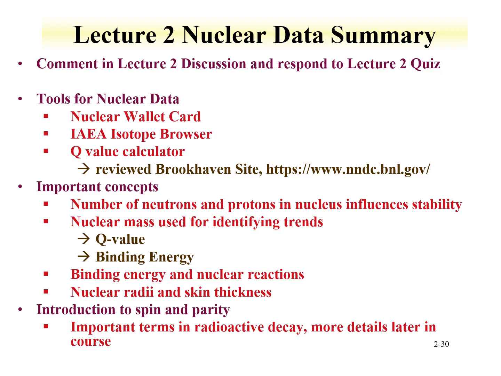Some important concepts that were covered in this lecture include that the number of neutrons and protons in a nucleus can influence the stability of that nucleus, and that the nuclear mass is used for identifying trends, which we can understand from doing Q-value calculations.